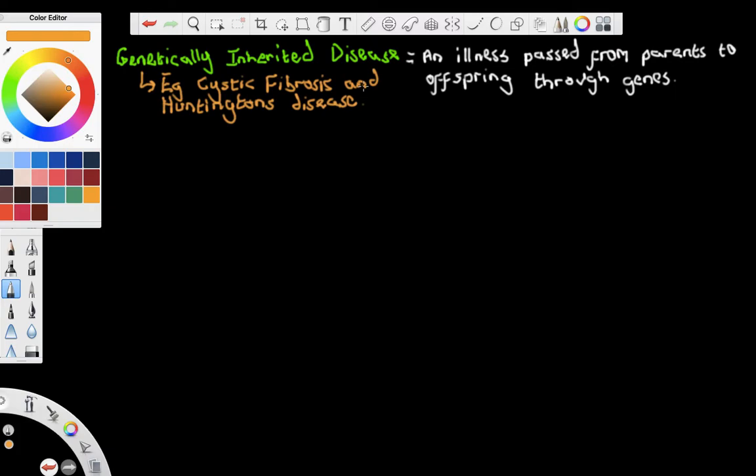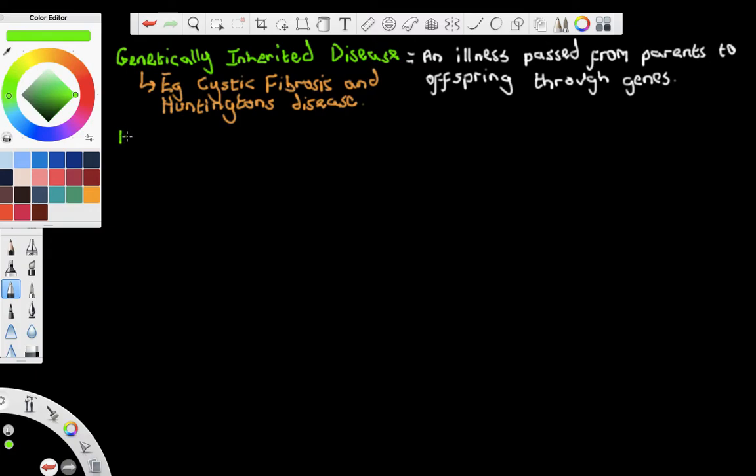Now, before we move any further, we need to just quickly recall some definitions from last lesson. Now, I'm not going to write the entire definition out, to save time, but if you're not sure about these definitions, you need to revisit last lesson's recording and make sure you're happy with them. Otherwise, this lesson is going to be very difficult.